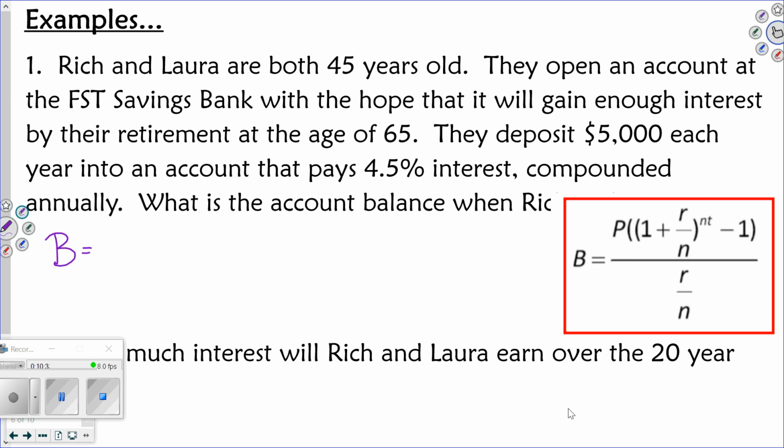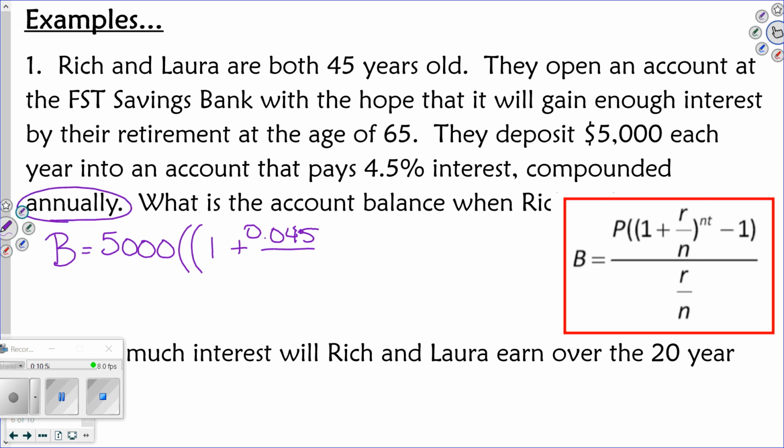All right, so what's the P? How much are they putting in? 5,000. Parenthesis, parenthesis, 1 plus, what's the rate as a decimal? 0.045, divided by n. How many times is it being compounded? Annually.